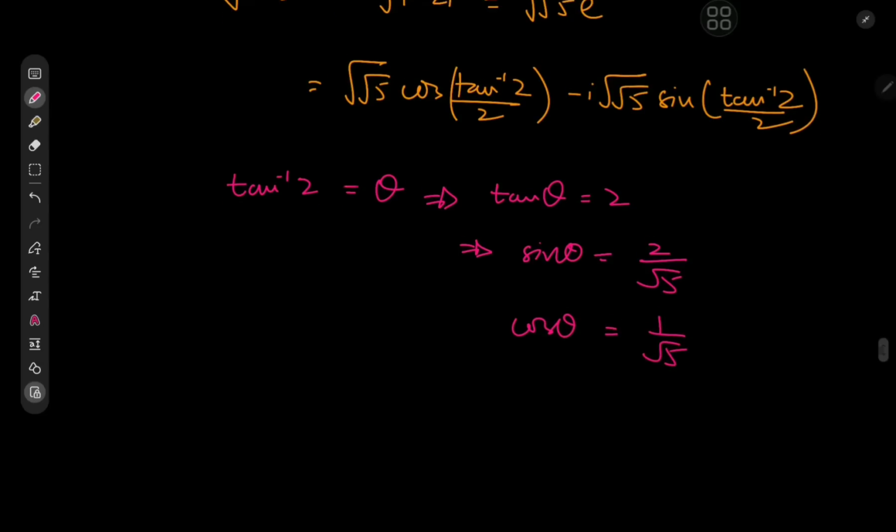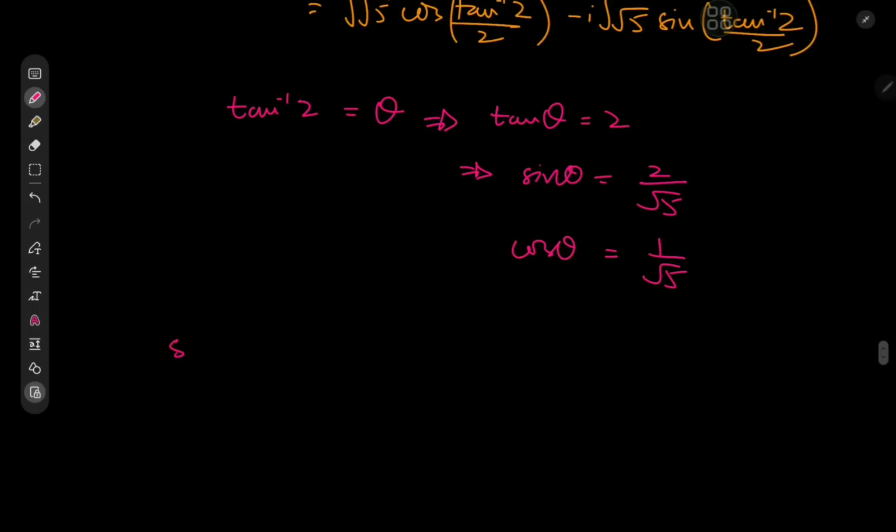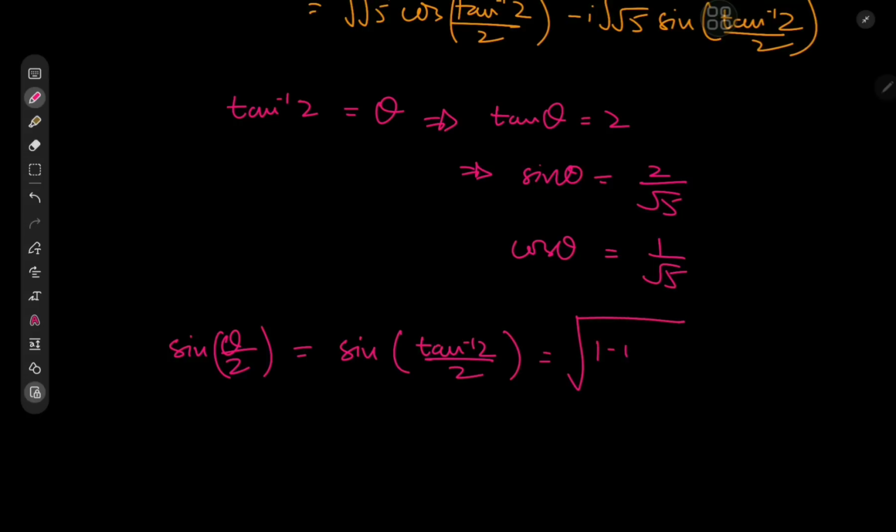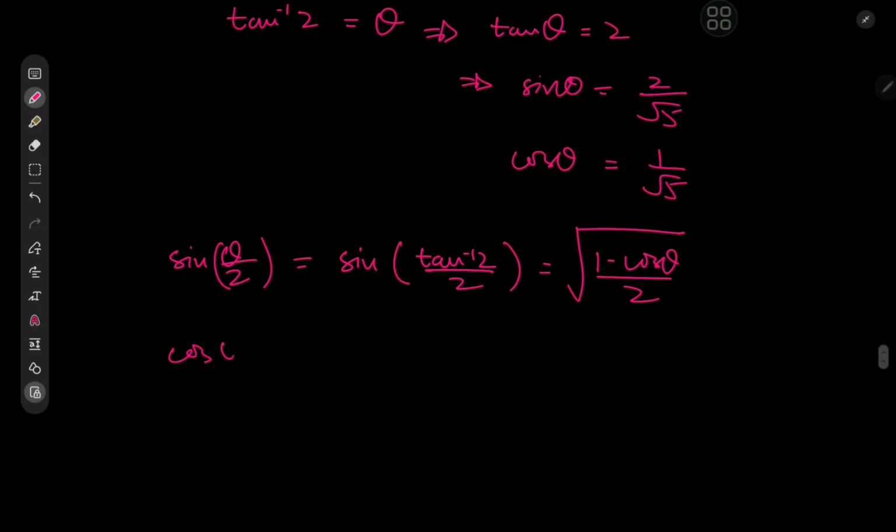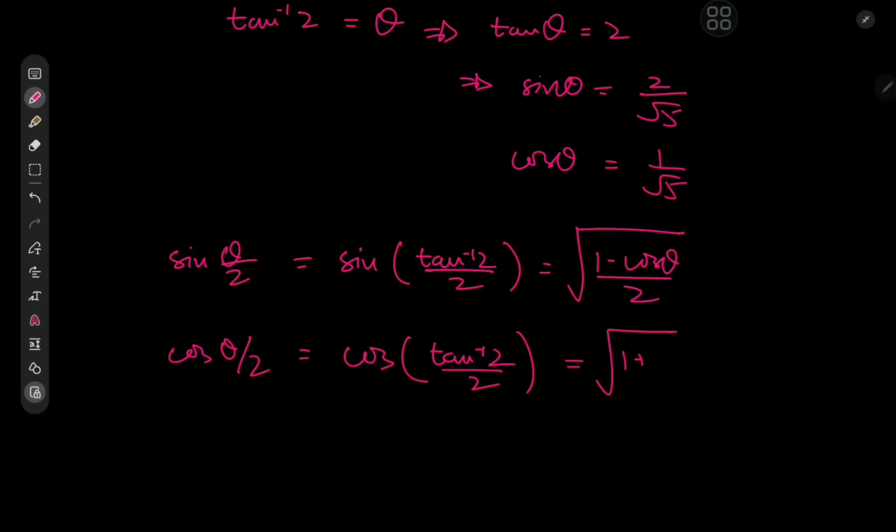But we're not exactly interested in sine theta and cosine theta, we're interested in sine theta by 2. That would be the sine of inverse tangent 2 by 2. So sine theta by 2 is root of (1 minus cosine theta) by 2, and cosine theta by 2 equals the cosine of the inverse tangent of 2 by 2, and that equals root of (1 plus cosine theta) by 2.